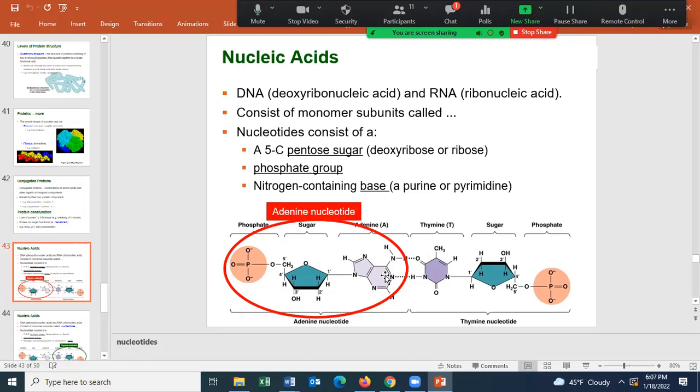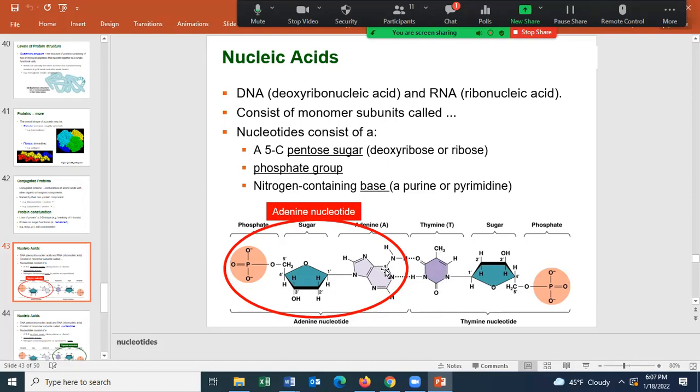In DNA, the nucleotide base of one strand of DNA can hydrogen bond to a nucleotide base in the corollary strand of DNA.